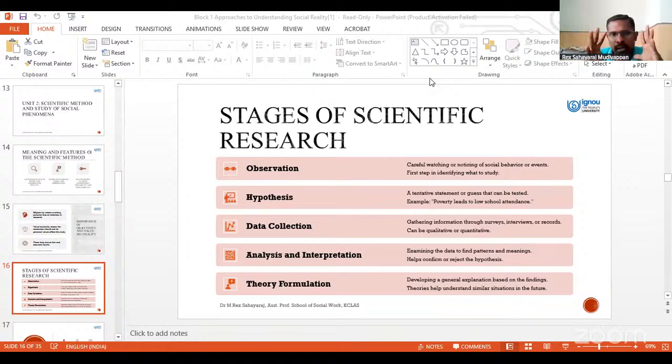So if I want to observe the husband, wife and children, I need to clearly define what is my objective of my observation. I should state it.